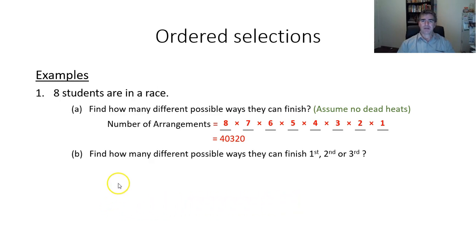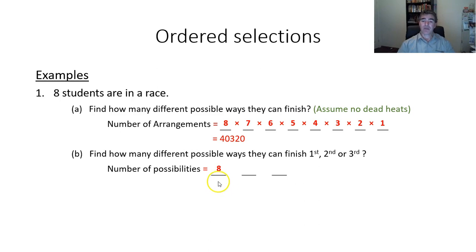What we're also going to consider is how many different possible ways they can finish first, second or third. I'm not worried about who comes fourth, fifth, etc. We just want first, second and third. So again, let's work out the number of arrangements, considering only first, second and third. In the first position, I have 8 different runners that can fill that position, so I can put my 8 in there.